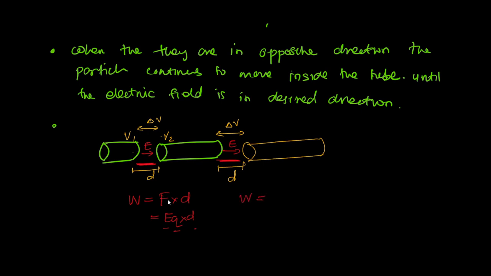And we also have another equation for work done, that is the change of kinetic energy. In case of electricity, we can give kinetic energy in terms of electron volt also. So we know that the charge of a proton is Q, and let's say the potential difference is V, then the change of kinetic energy is equal to QV.